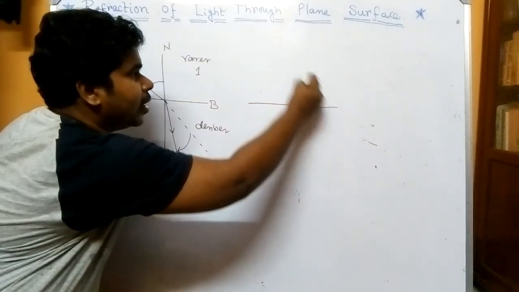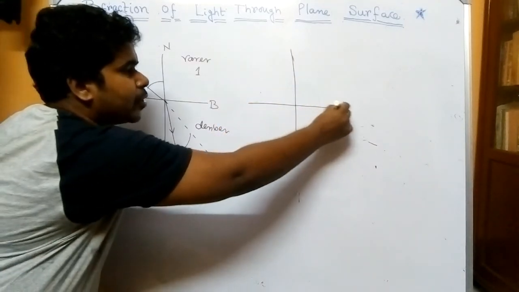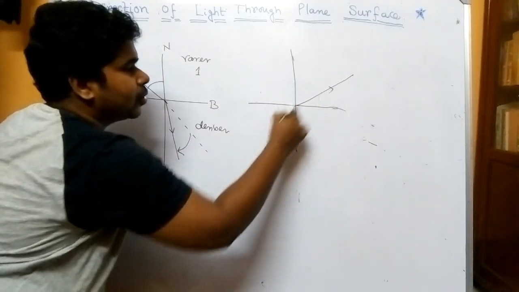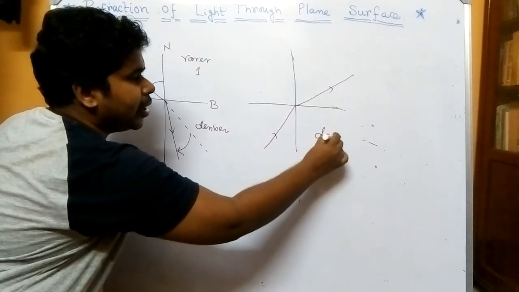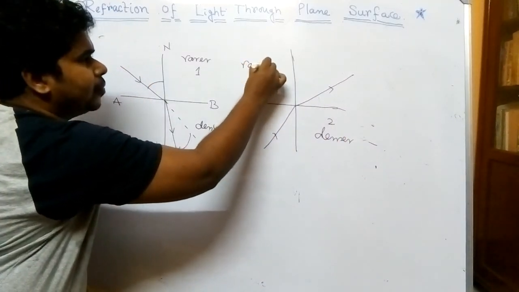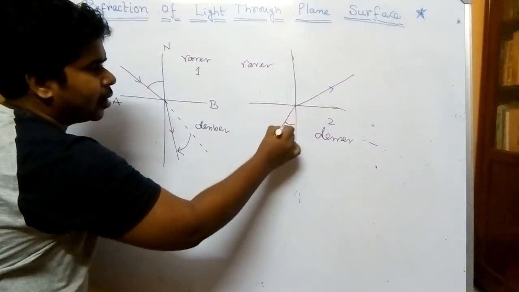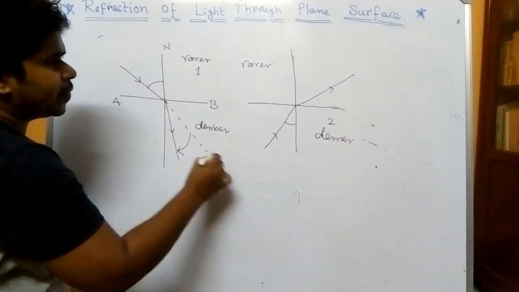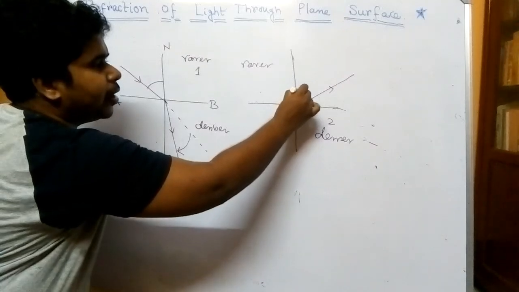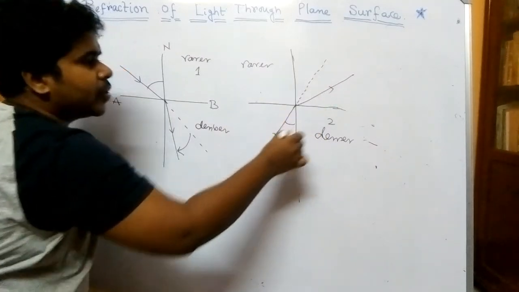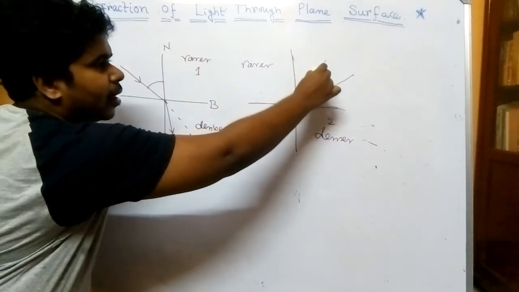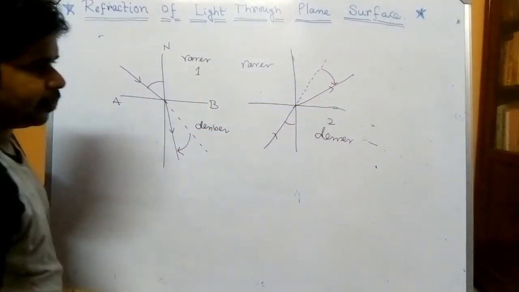And oppositely, when the light ray comes from a denser medium to a rarer medium, assume medium 2 is the rarer medium. That time we have seen the light bends away from the normal, because if the medium were the same as medium 2, it would go by this path, but the light bends to this position.